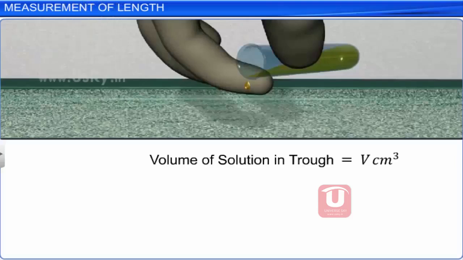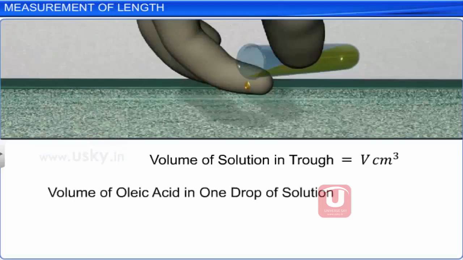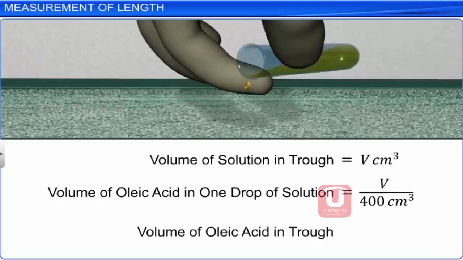the volume of oleic acid in each drop of the solution is V/400 centimeter cube. Since only 1 drop of solution is put in the water, the volume of oleic acid on the thin film is equal to the volume of the drop, that is, V/400 centimeter cube.